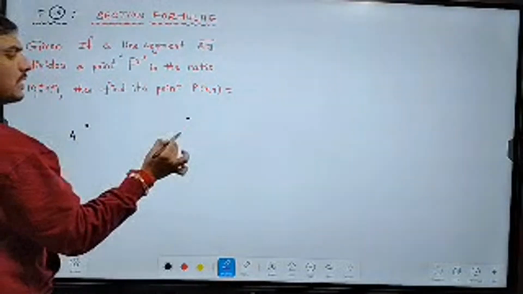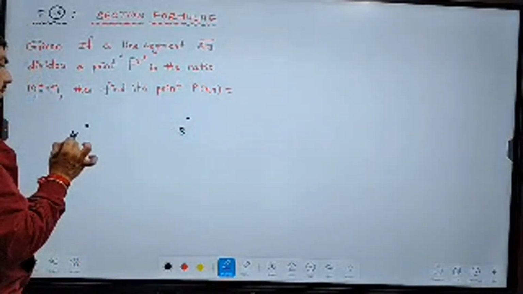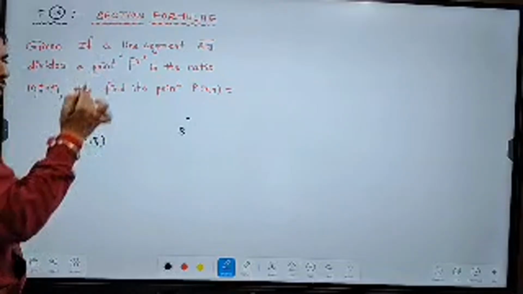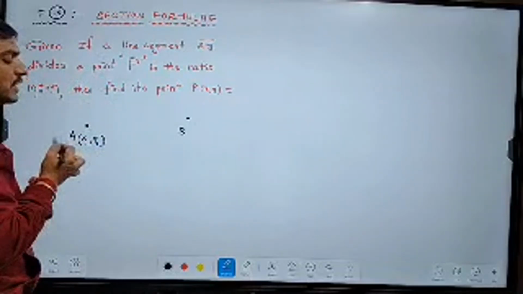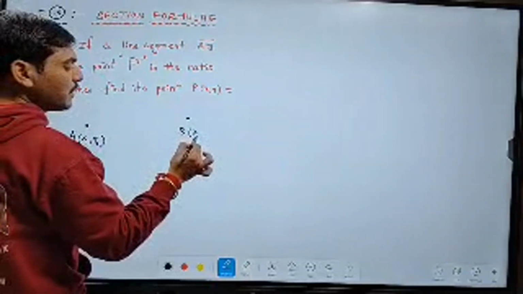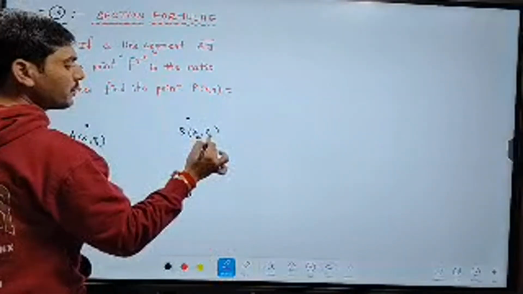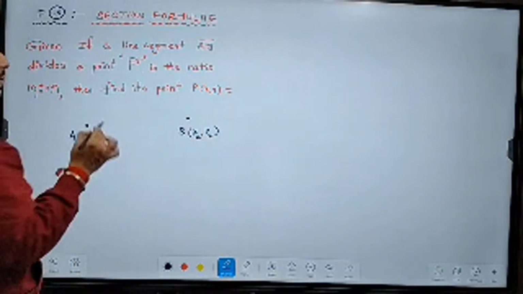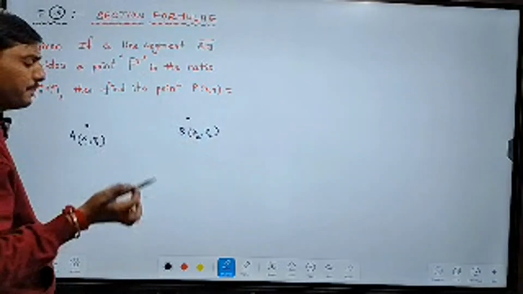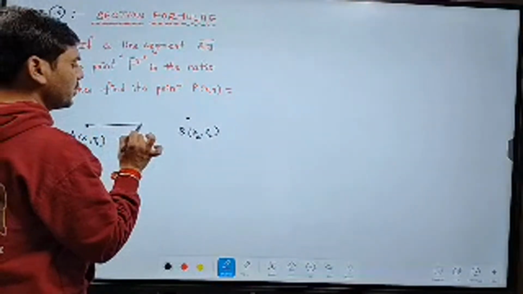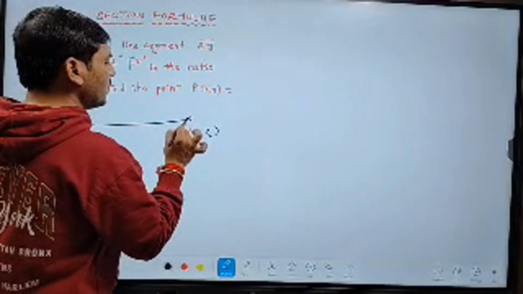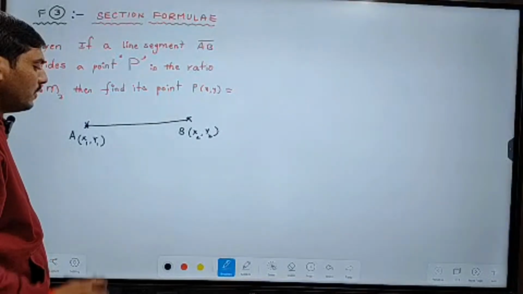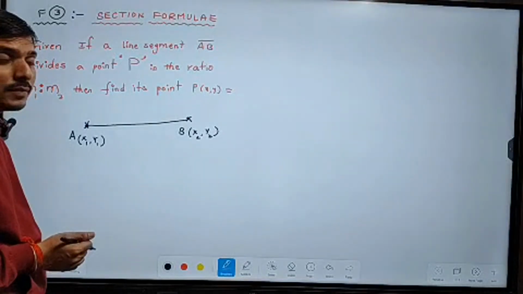As already mentioned in the first formula, A(x1, y1) and B(x2, y2). Now our given information is segment AB, so join them. Joining the 2 points A and B forms the line segment AB.